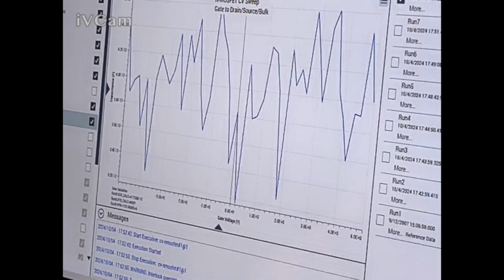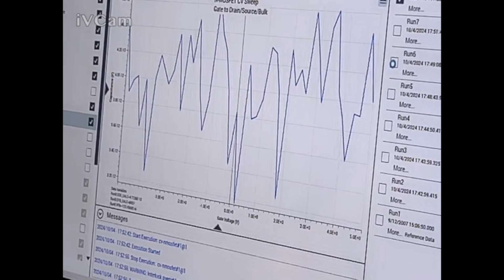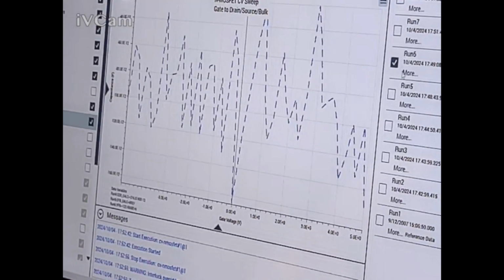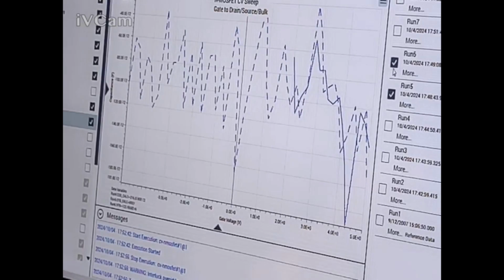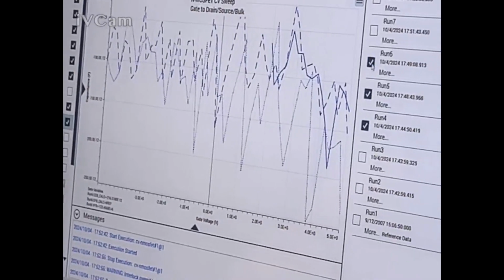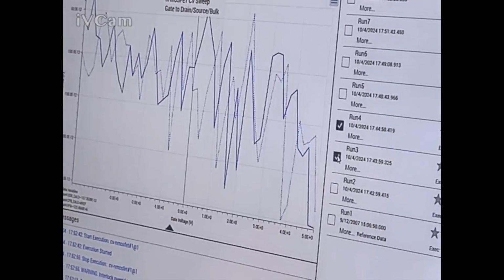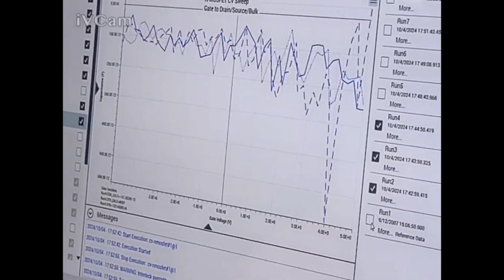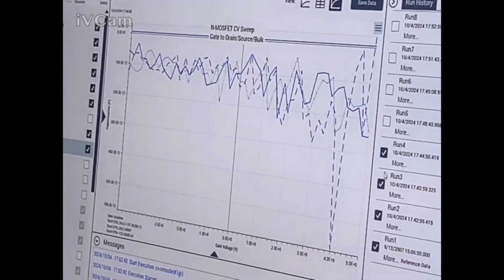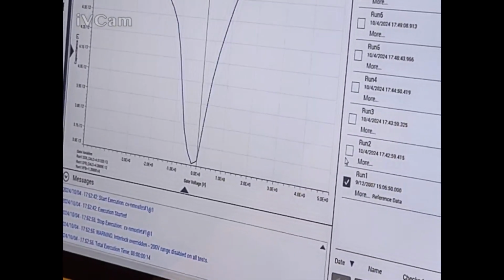For the CV measurement, the voltage is the DC voltage, right? There's a DC bias and there's an AC. DC bias converted to AC. The DC bias converts into AC, right?